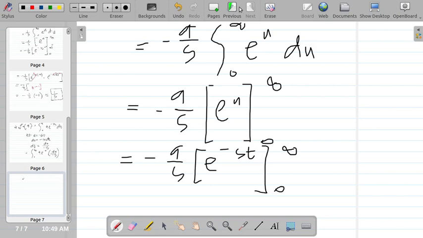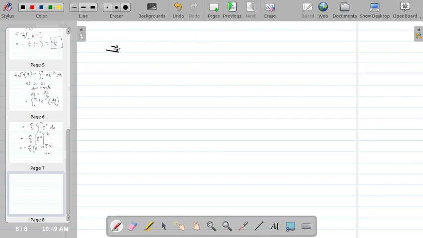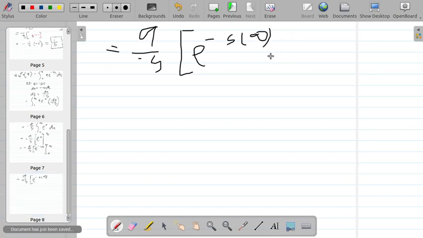To find its limit, substitute the value of negative s times t: from infinity, the maximum limit, minus e raised to the power of negative s times 0.